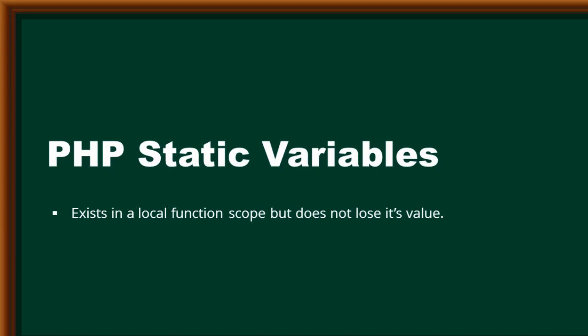So it stores no record of that variable. However, there are times you may want to keep the value of that variable, so you don't want it to be deleted. You may want that variable to do something further after the function has been executed. So this is where the static variable comes in.